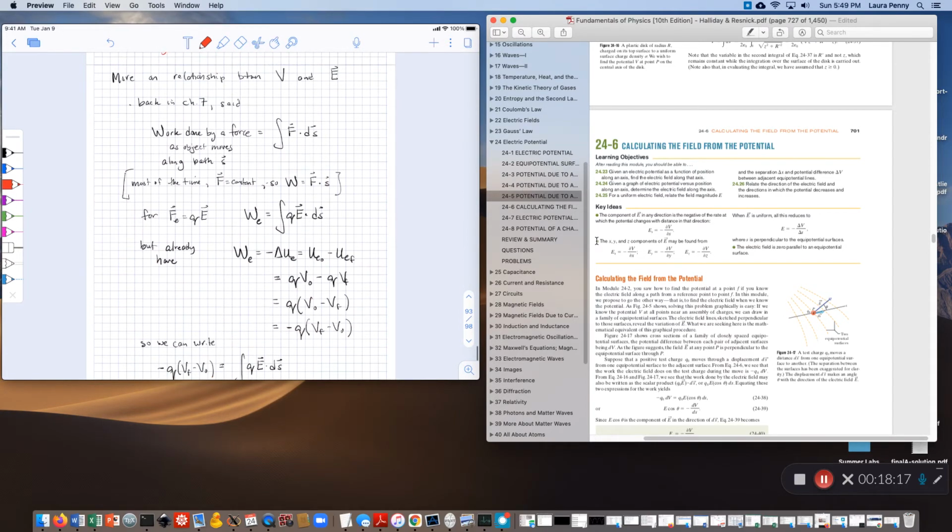A little bit more about the relationship between the electric potential. Remember, this means electric potential. And then this is still our electric field.